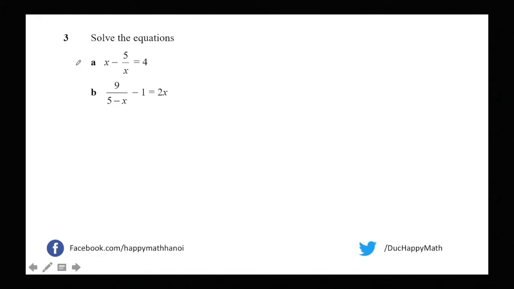Question B. Solve the equation. Okay, the first one I have to change from this variable, and this number has to be changed to a fraction with the denominator x. So I change this to x squared over x, minus 5x, equal to 4 over x, 4x over x, and I rearrange.